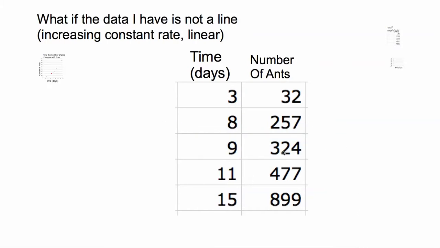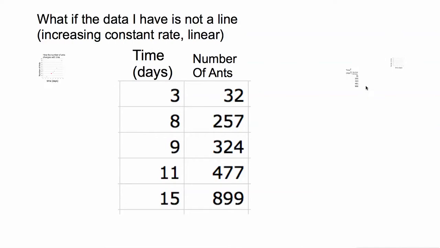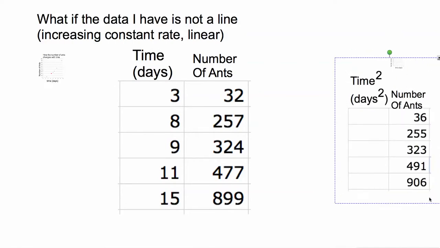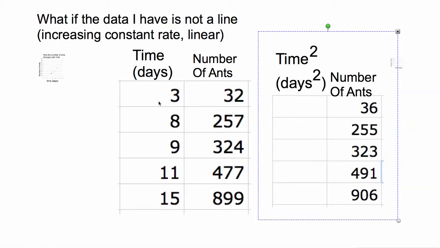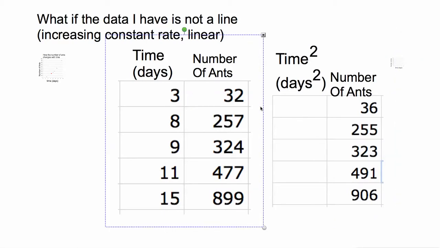What I'm going to do is grab another data table here that I've prepared. And this shows not the days and the number of ants in my experiment, but rather the days squared and the number of ants. So maybe this is an experiment about how the number of ants changes over long periods of time, over days.